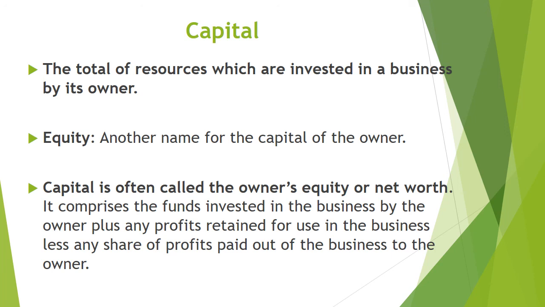Means capital is the investment by the owner in the business plus any profit earned during the year, that is added to the capital, and drawings taken by the owner from the business are deducted.